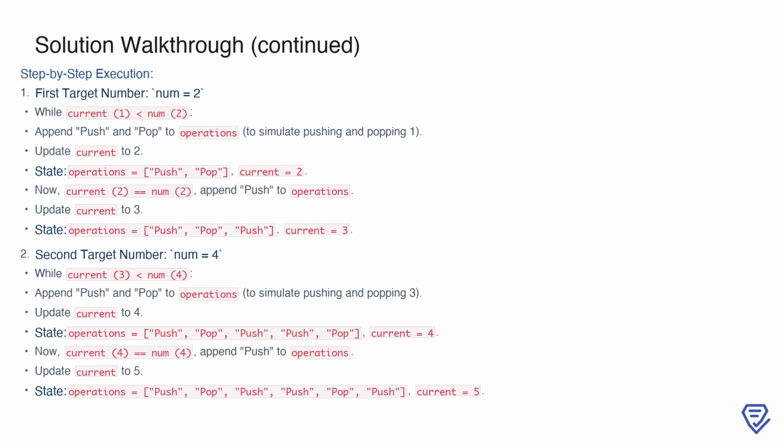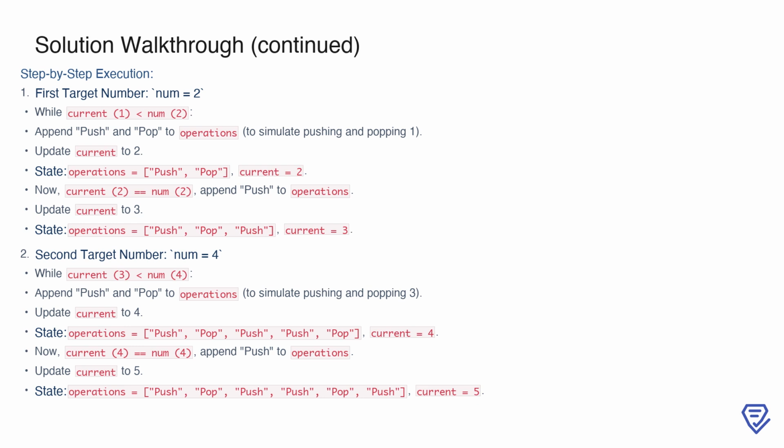For the second target number, which is 4, the process is similar. While the current value, 3, is less than the target, we append push and pop to simulate pushing and removing 3. Then, we increment current to 4. At this point, the current value matches the target, so we append push to the operations and update current to 5.